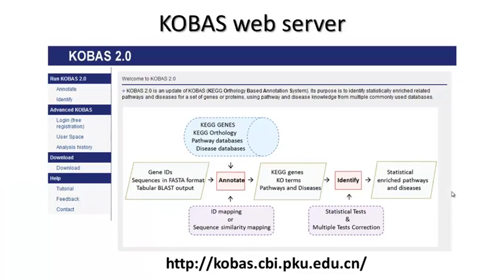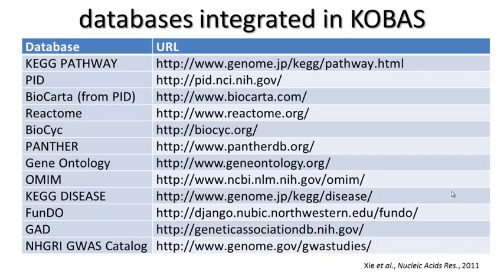Kobas has a web server interface that is pretty easy to use, accessible from the URL down here. We will provide a supplementary video of a student presentation that will show a demo of how to use Kobas. So I will only briefly mention the major steps here. First of all, version 2.0 of Kobas tries to provide one-stop shopping.